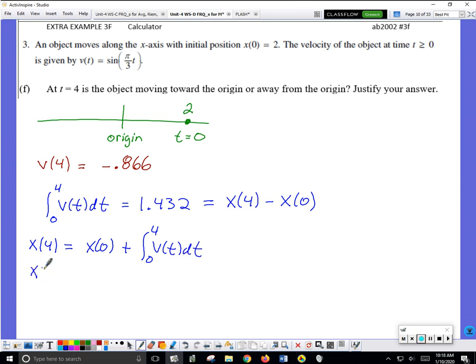So that means x of 4 is going to equal 2 plus 1.432. Therefore, x of 4 equals 3.432. Questions?